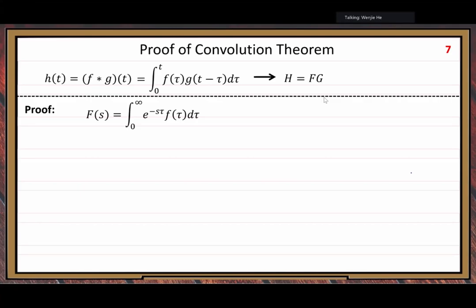This integral. Then capital G, we also write with its definition, but because we need to mix these two integrals when we do the multiplication, we intentionally use a different dummy integral variable, p. We try to make it different from the one in the first integral: tau in the first one, p in the second one.